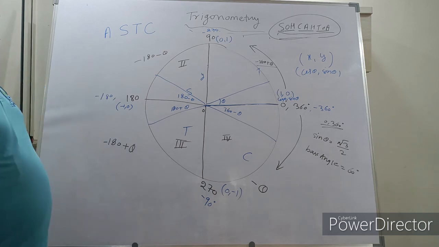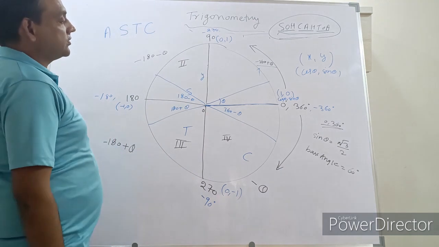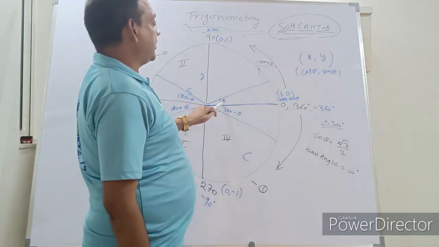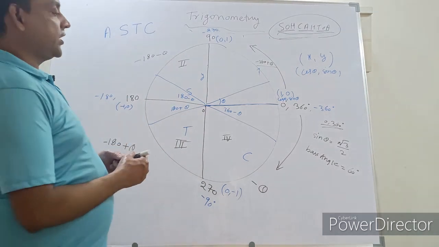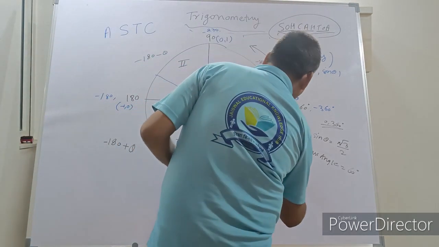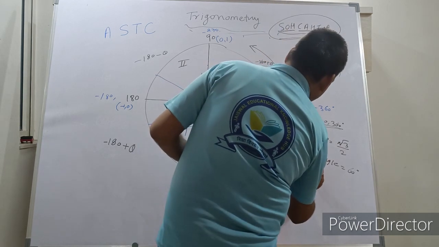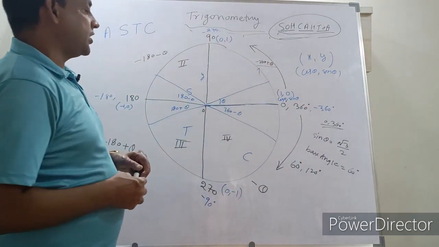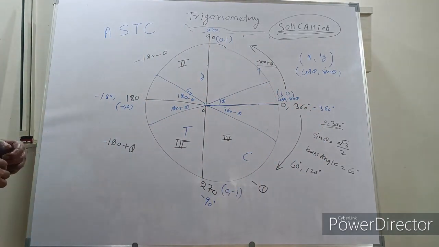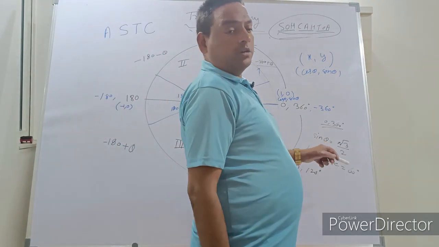That means sine value is positive in the first and second quadrant. So one answer will be the same as the base angle, and the second answer is 180 minus base angle. So one answer is 60 degrees, and the second answer is 180 minus 60, that will be 120 degrees. If you see here, sin 60 gives you root 3 upon 2 and sin 120 also gives you root 3 upon 2.